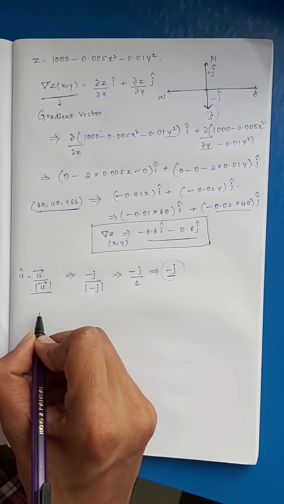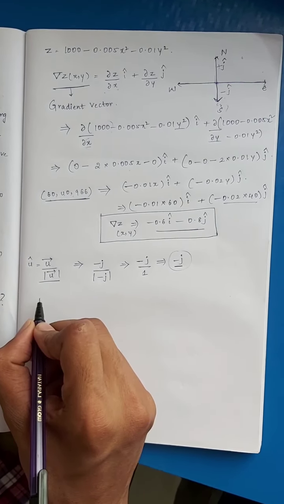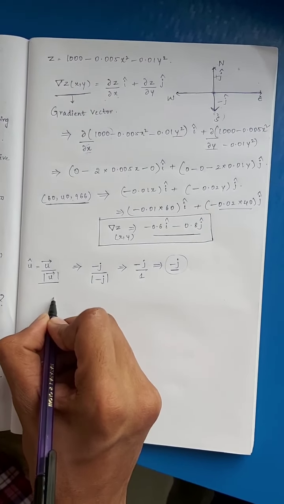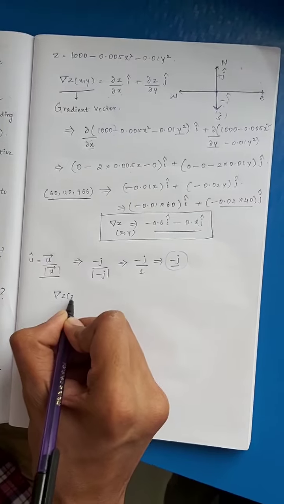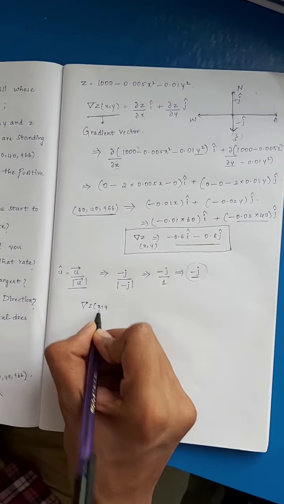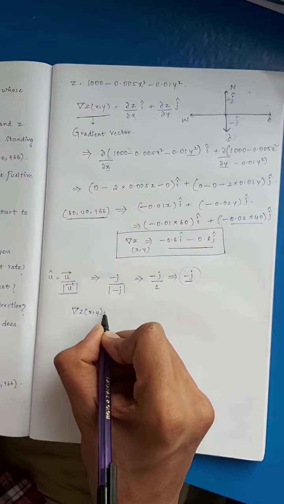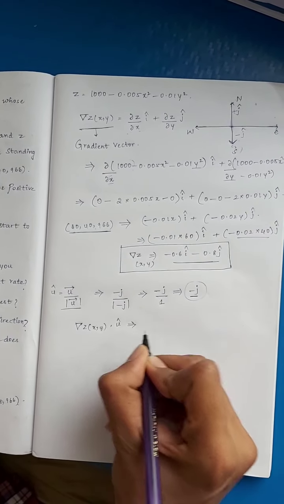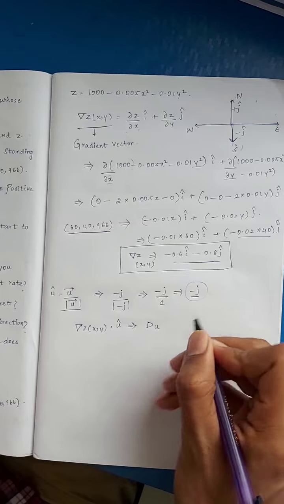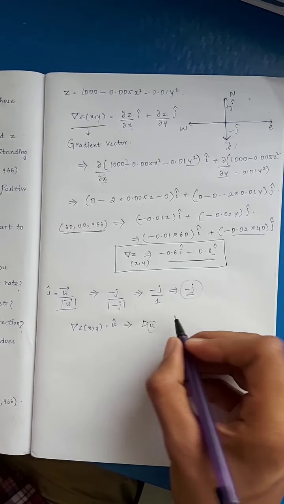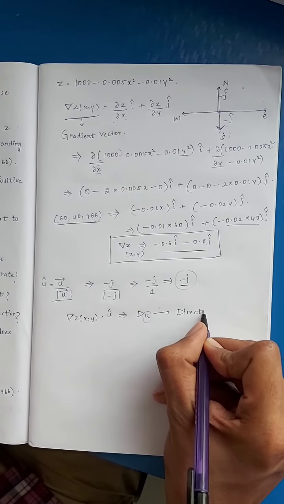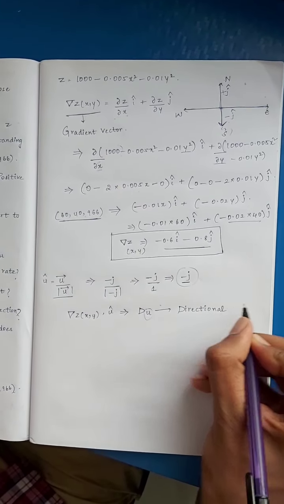So in order to get the rate of change of ascent or descent, we need to take the dot product of the gradient vector with the unit vector. This would give us the directional derivative along the unit vector.